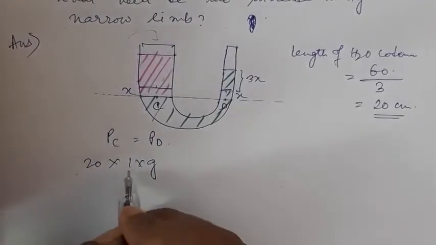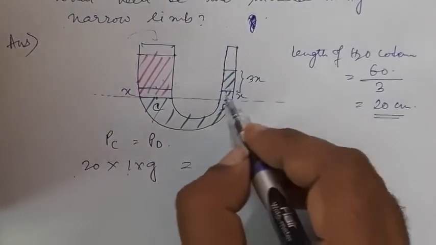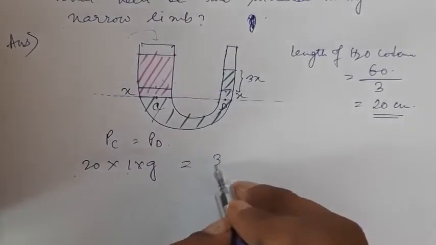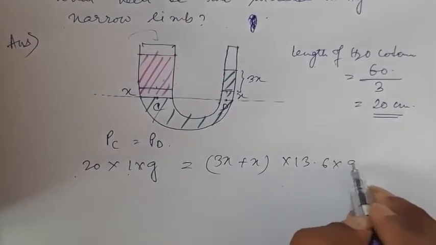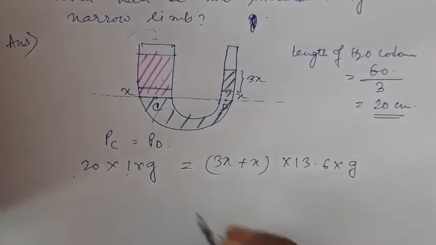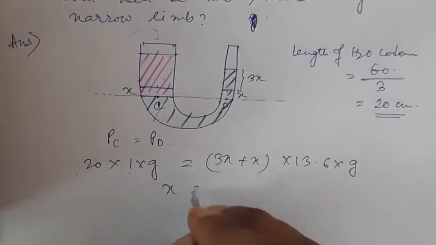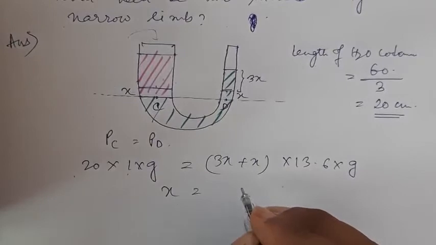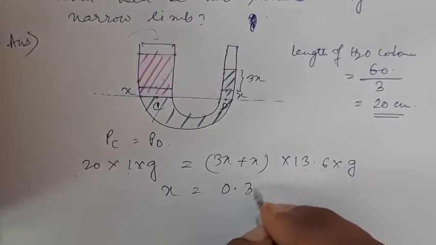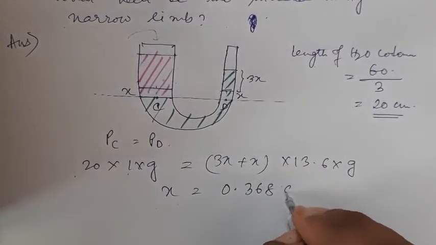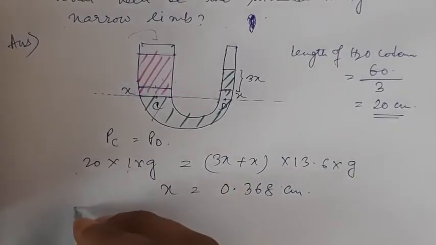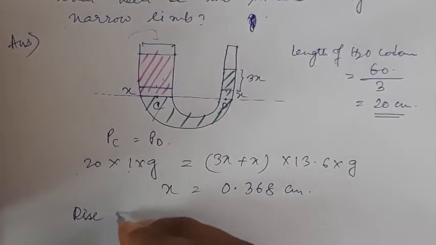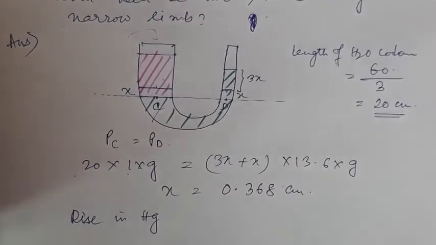So 20 into density of water 1 into G is equal to 3x plus x into 13.6 into G. From this equation, the value of x we get to be 0.368 centimeter.